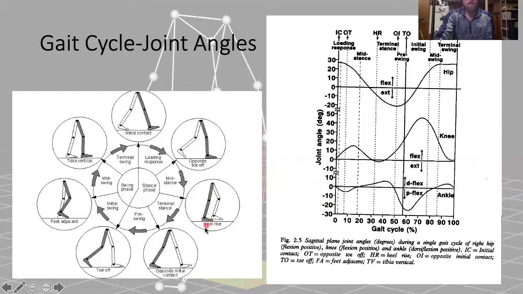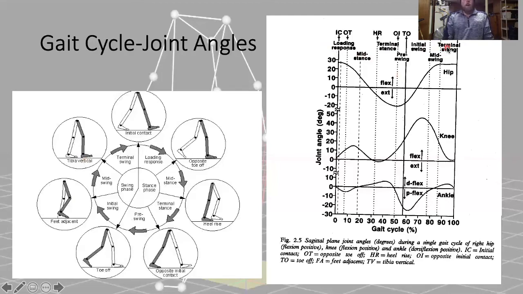Heel raise of the opposite leg, right? Heel raise, we're still in stance phase here. We're transitioning to terminal stance. And then we have opposite initial contact, toe off, feet adjacent, tibia vertical, back to initial contact. And then you have the phases of the gait here.